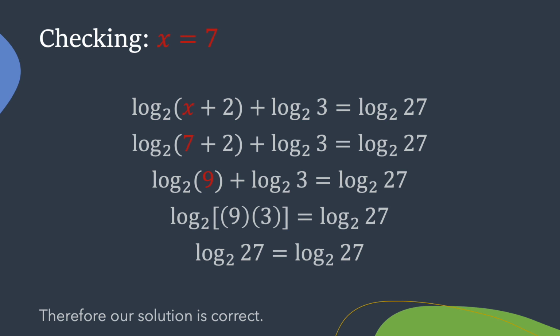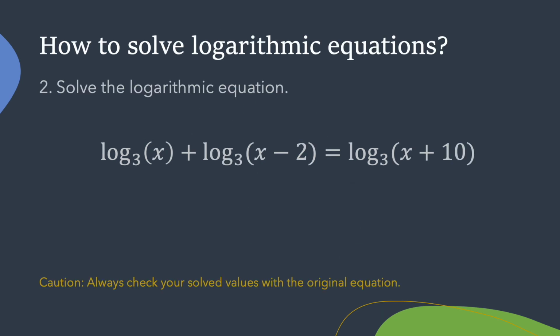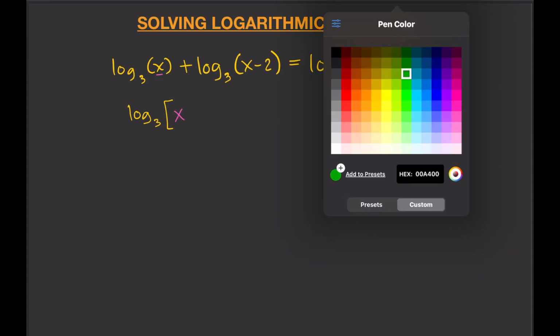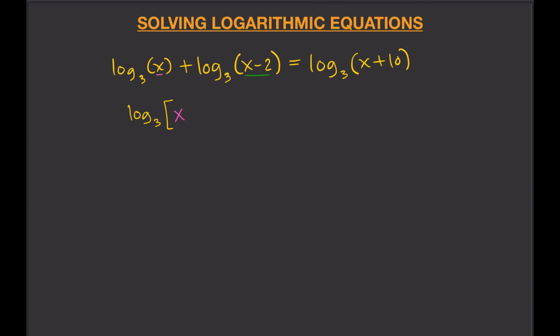Let's have another example. Solve the logarithmic equation below. Alright, let's solve this logarithmic equation. So again, the left-hand side, I can write that as a single logarithm. So I can write that as log base 3 of x times x minus 2.